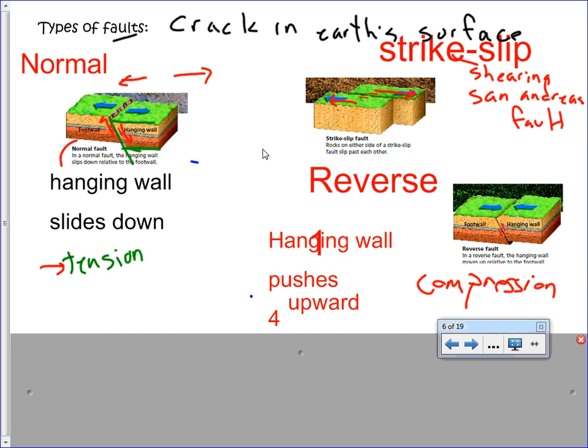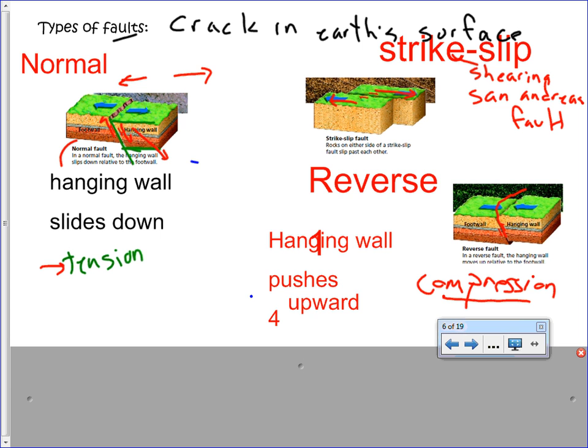So you can remember it's reversed because this is going to be odd looking, right? The hanging wall, and basically it's which one's moving. In the normal fault, the one that's moving falls down. That's normal. That makes sense. This one, you've got compression. It's pushing together, and the hanging wall pushes up over it. So those are the three types of faults.